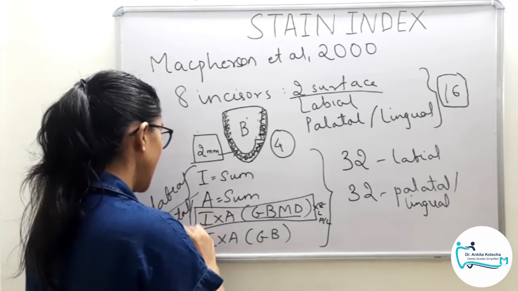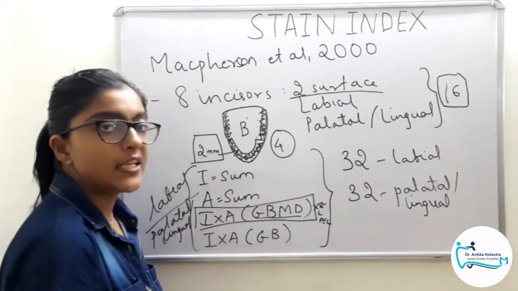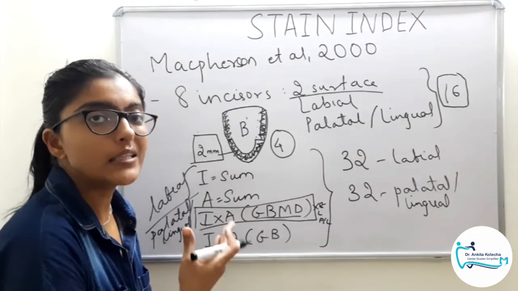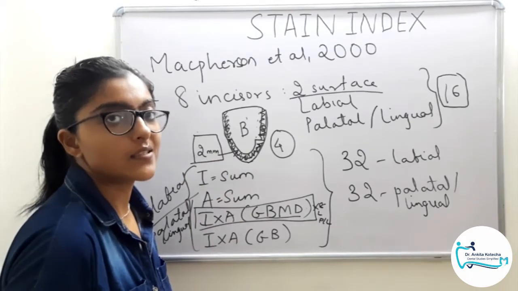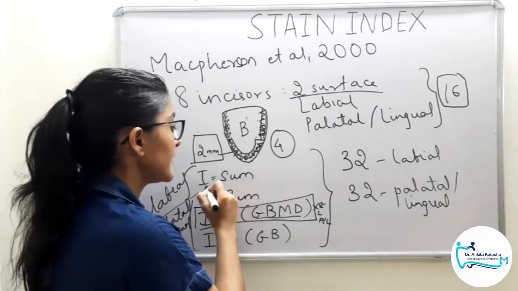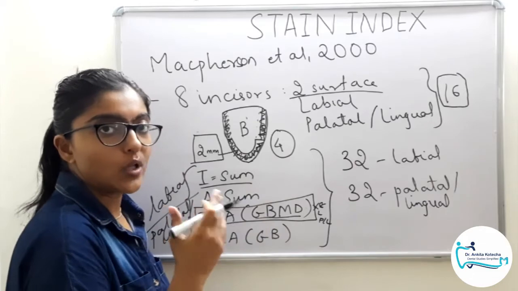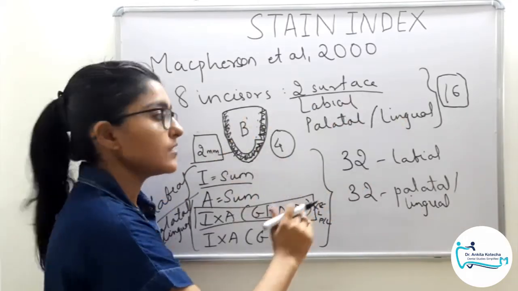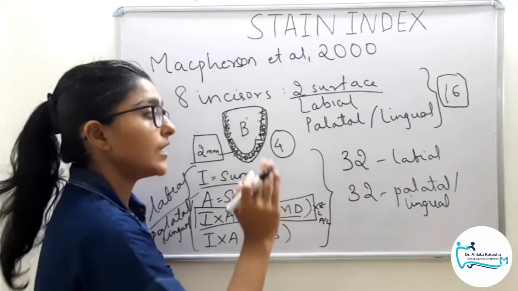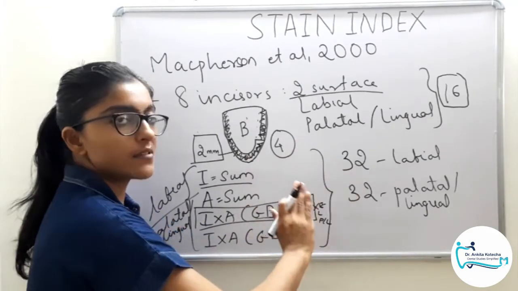So these are the values we obtain at the end of recording the dental stains by this index, that is stains index. Clear? The intensity score, that is sum of all the scores of intensity on all the regions on all the surfaces, that is total 32 surfaces labial and 32 surfaces palatal.